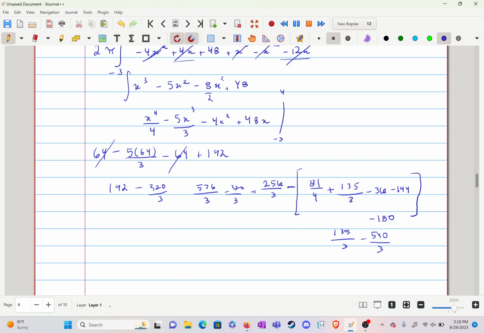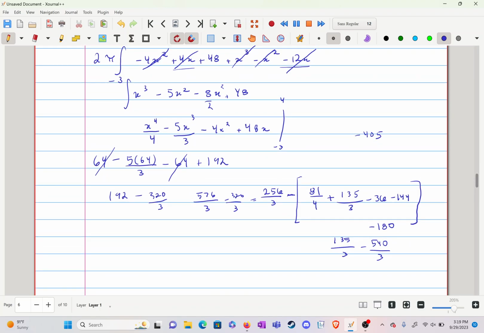It would be 540 minus 135, negative 405 over 3, plus 81 over 4. And let's multiply it by 4 and 3 respectively. So 405 times 4 is 1620 over 12, plus 81 times 3 is 243 over 12. And now let's add that together.